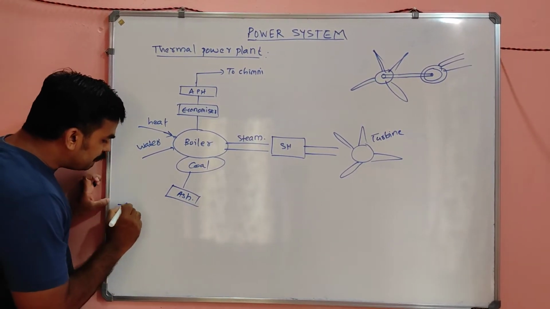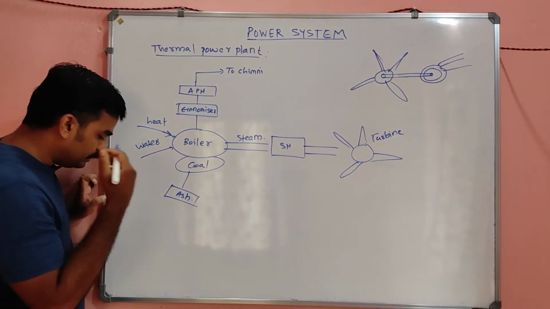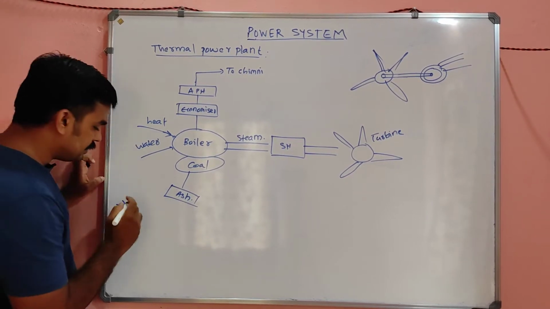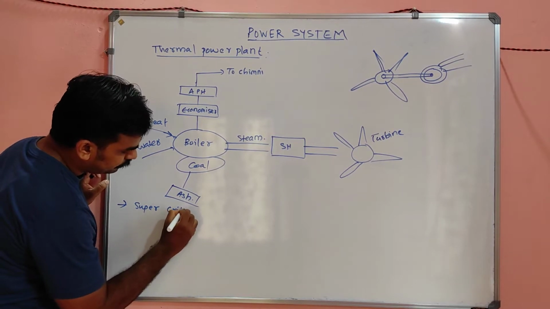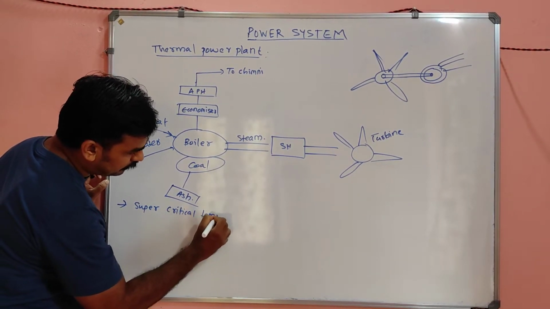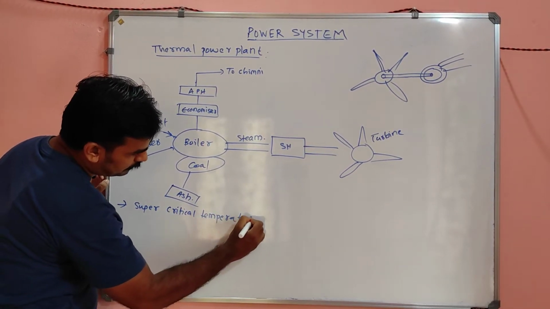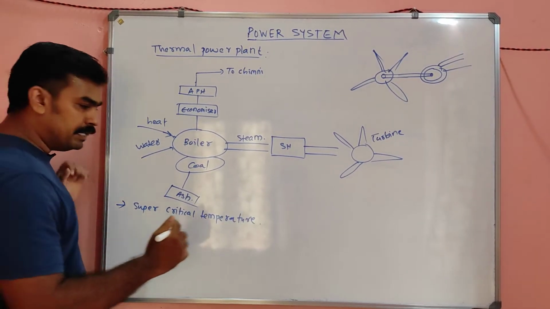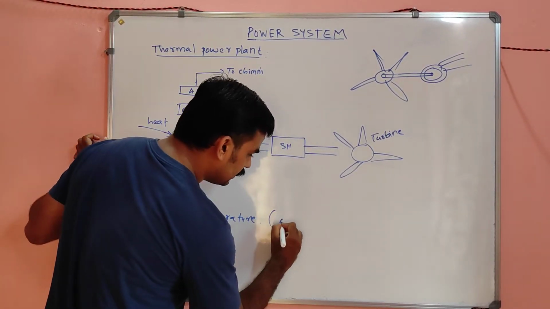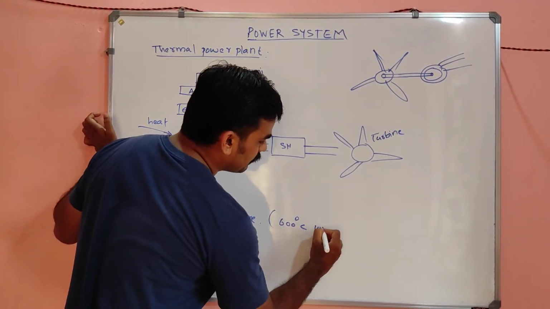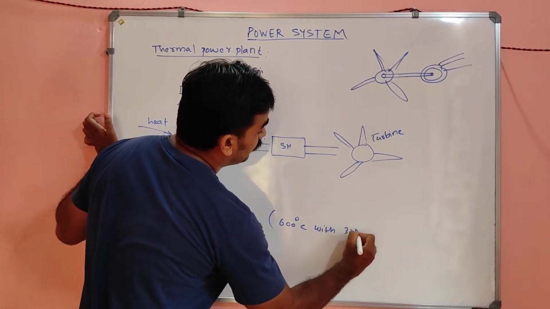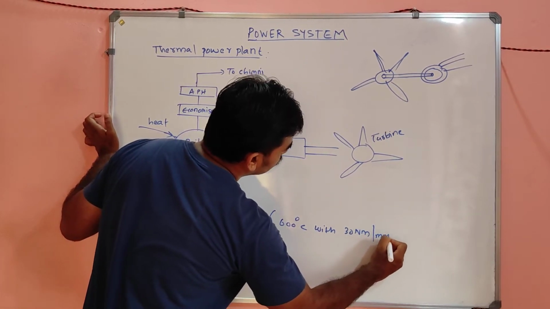The technology that we are using nowadays for the thermal power plant is supercritical temperature. That means in this we are boiling the water up to 600 degrees Celsius with 30 Newton per mm square.